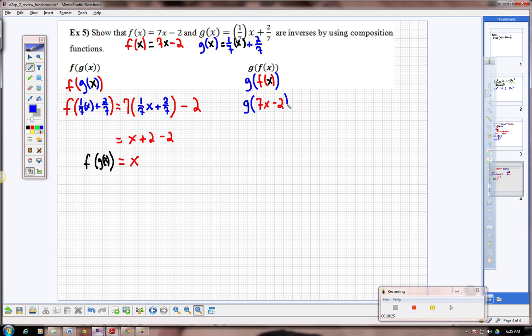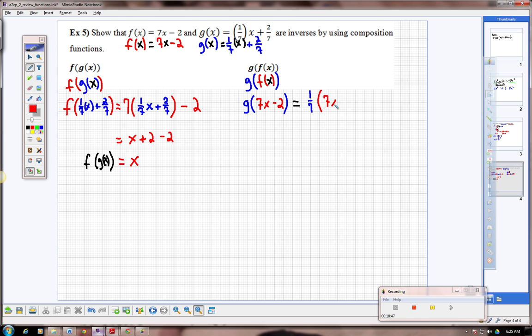I like to keep on rolling with it. I'm plugging in 7x minus 2 every time I see an x in function g. So I'm going to take 1/7 of the entire quantity, 7x minus 2.